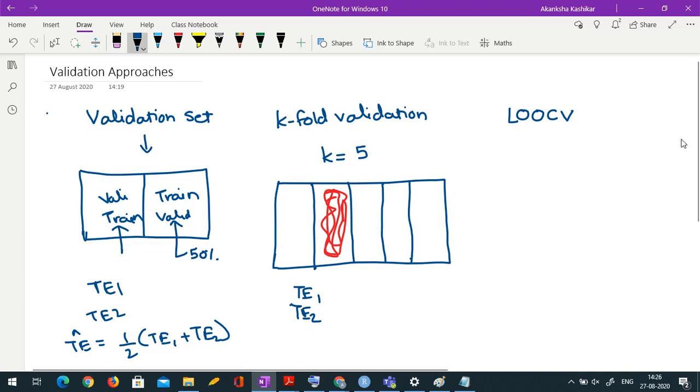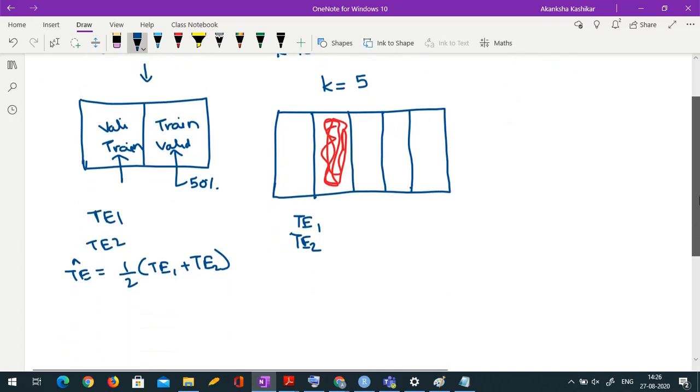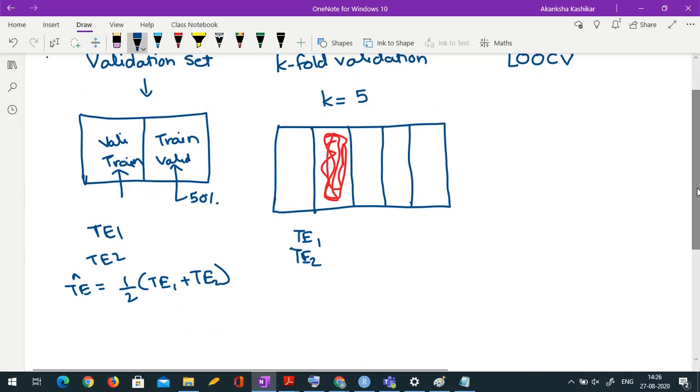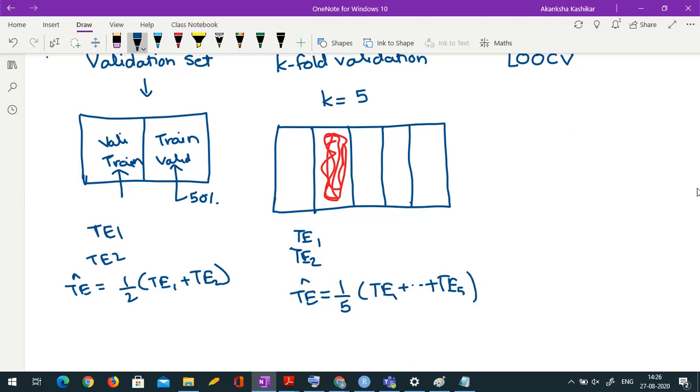Every time I keep one part of the data as test data and fit the model on the remaining. So finally my final estimate of test error would be 1/5 (T1 + T2 + ... + T5). In general for k-fold it would be (1/k) times the summation of Ti, with i going from 1 to k.